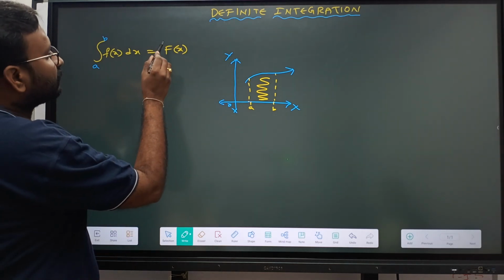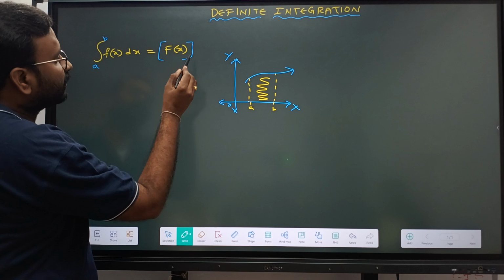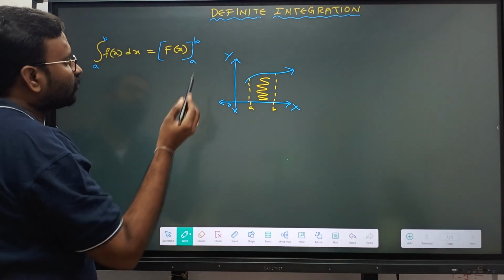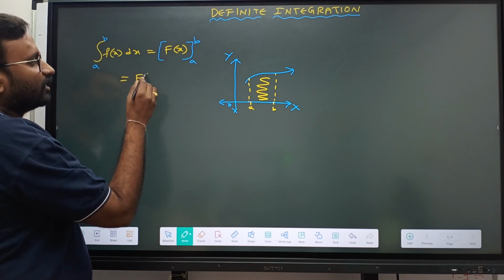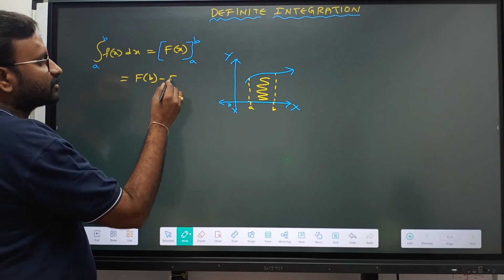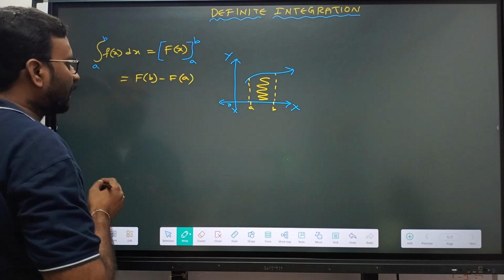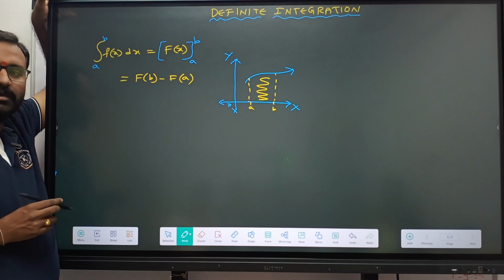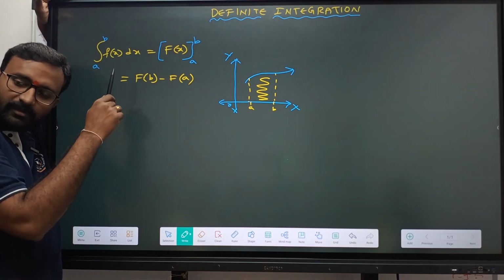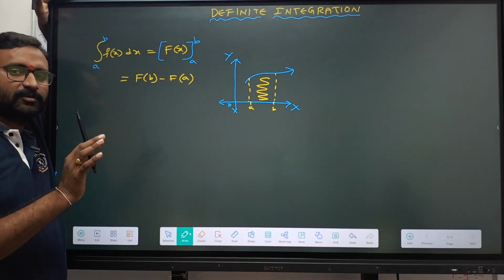So the answer will be from lower limit to upper limit, and after that you have to substitute: F of b minus F of a. Upper limit substitution minus lower limit substitution. Remember always, first we substitute the upper limit, then the lower limit, then subtract.